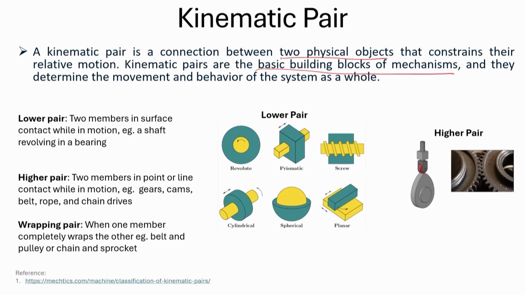Now, if the kinematic pair is a lower pair, that means that the 2 rigid bodies are going to be in surface contact with each other. So, their surfaces are going to touch against each other. You can think of, for example, this revolute joint, the entire surface is in touch with the other body.